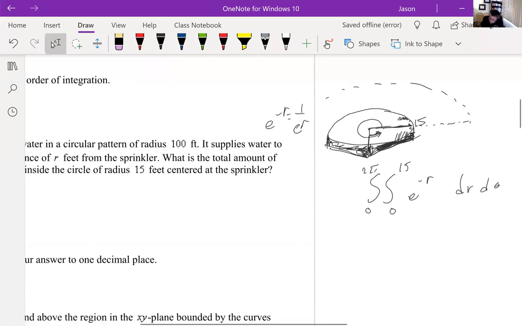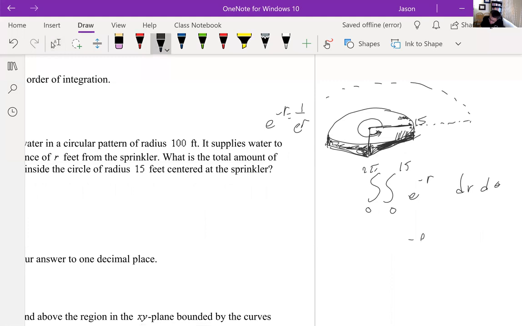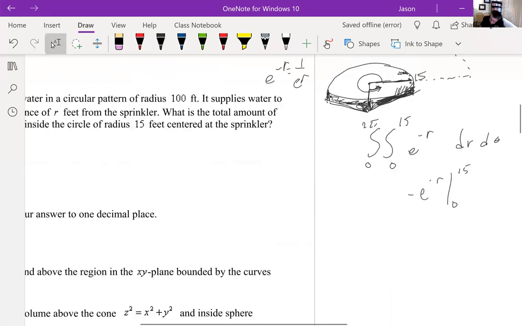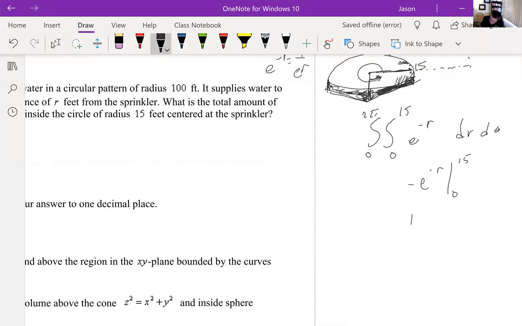This is going to be negative e to the negative r from 0 to 15. So this is going to be 1 minus e to the negative 15th power, 1 minus 1 over e to the 15.